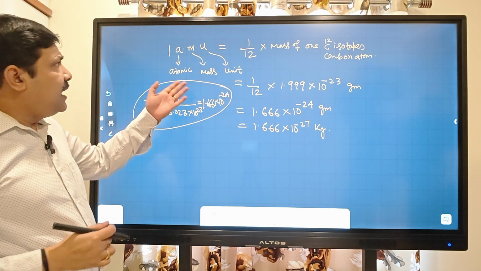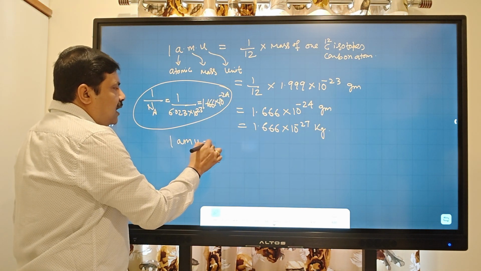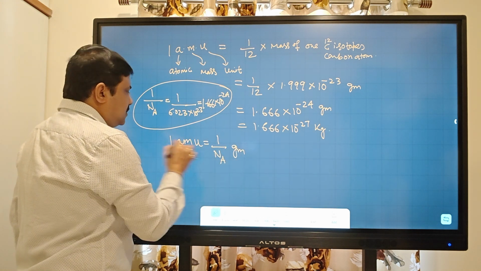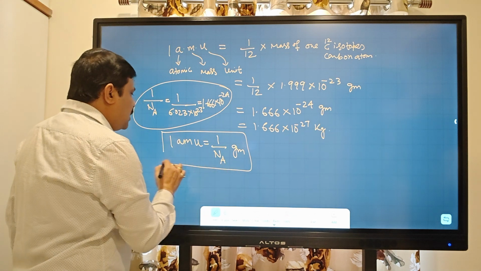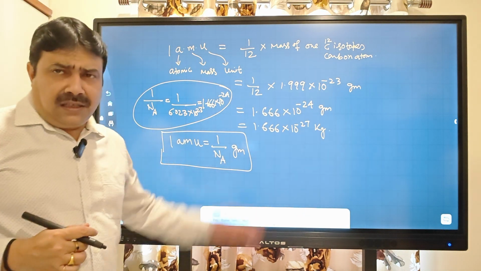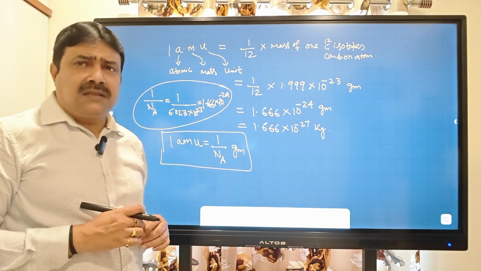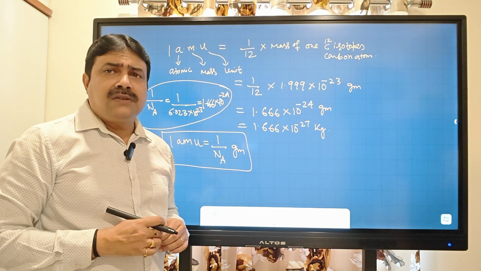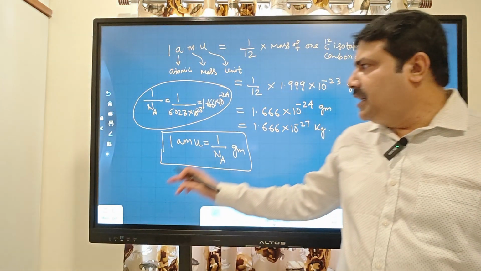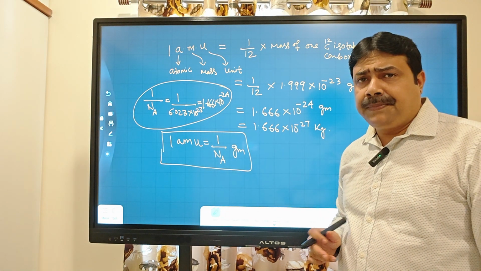So that means I can say 1 AMU equals 1 by Na gram. Because the 1 AMU value is 1.66 into 10 power of minus 24 gram in gram unit, and 1 by Na also gives the same value, 1.66 into 10 power of minus 24. So that's why I can say 1 AMU is nothing but 1 by Na gram. That only I did over here.